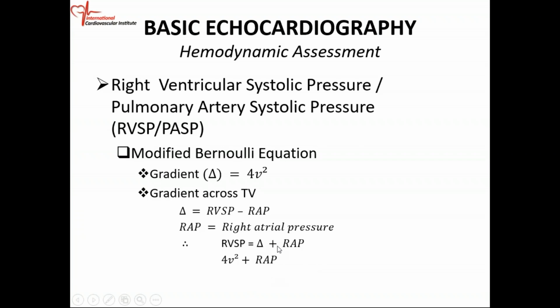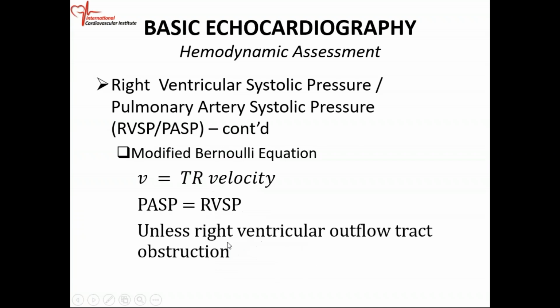We have a separate lecture to go over how you get the right atrial pressure. But for now, once you add the right atrial pressure to the gradient, which is 4V squared, you get the RV systolic pressure, and in essence, the pulmonary artery systolic pressure. So the right ventricular systolic pressure and the pulmonary artery systolic pressure are synonymous unless you have some obstruction at the right ventricular flow tract.